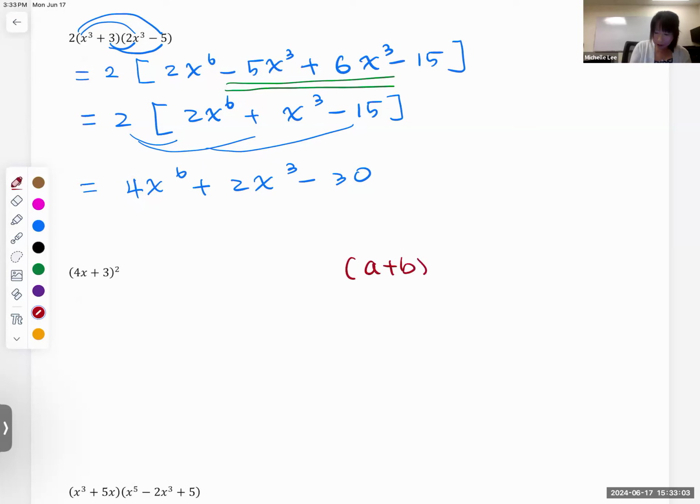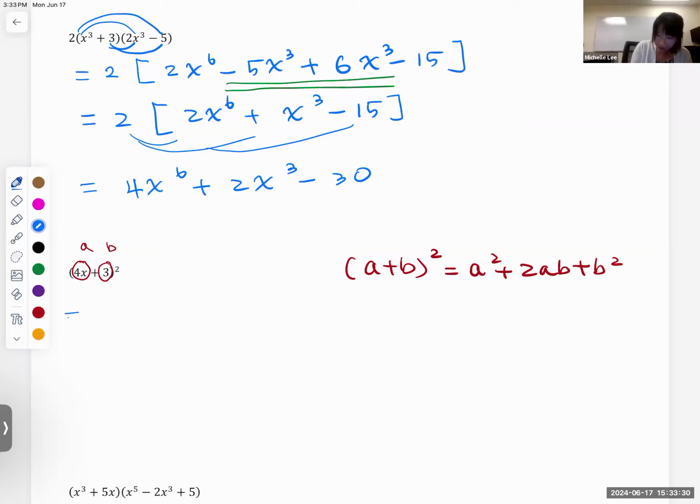Okay, now we have a formula for this one. a plus b to the 2nd power is a squared plus 2ab plus b squared. It's okay if you don't know this formula. We can just simply multiply, right? Let's use the formula first and then we expand. So this is a, this is b.